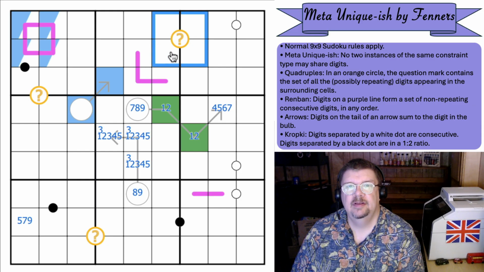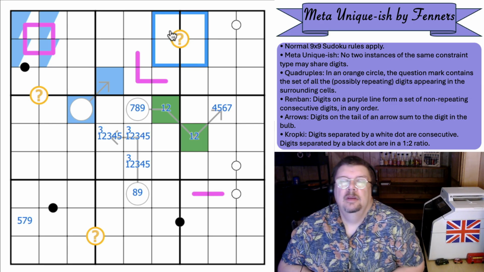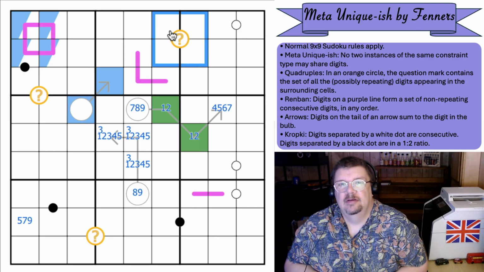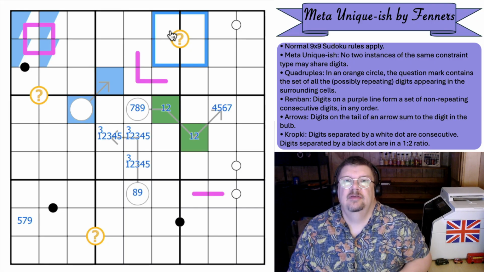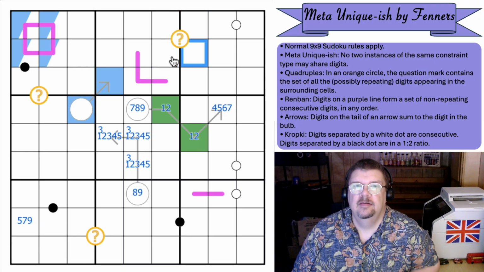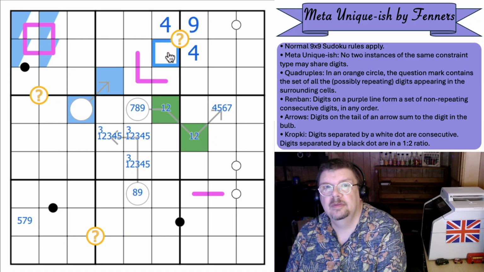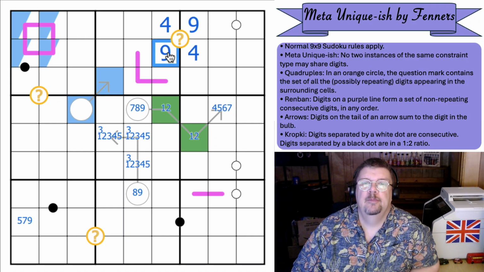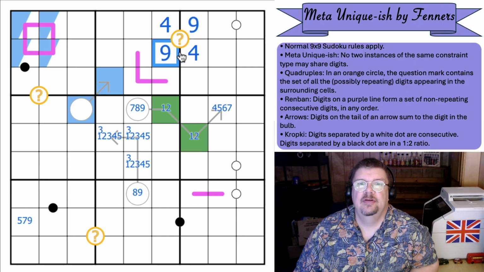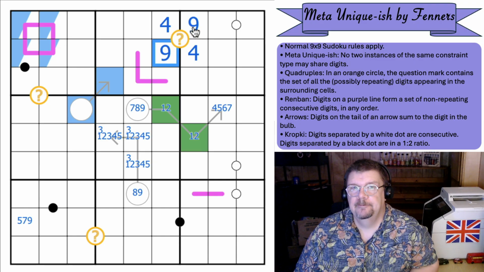All right, I guess I'm going to have to tackle these quadruples because, yeah. Okay. Now, I can make a uniqueness argument that this quadruple does not have a double repeated digit. What do I mean by that? I'm just going to put in some placeholders. By the current rules, this could quite easily be 4499, right?